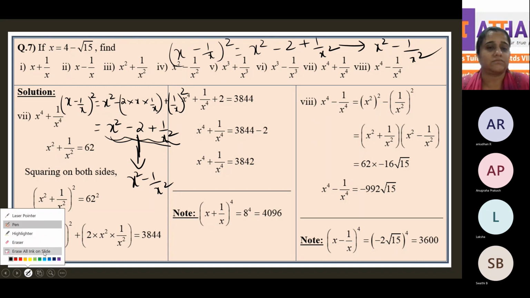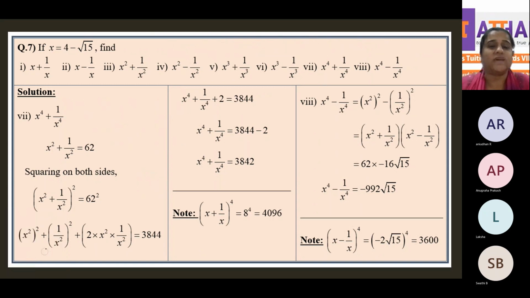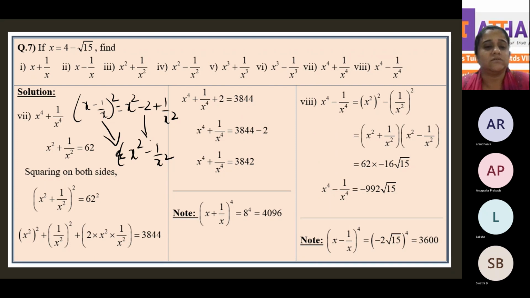When you actually expand x minus 1 by x the whole square, we are getting x squared minus 2 plus 1 by x squared. You're saying it is x squared minus 1 by x squared. Where are they equal? When you expand it, you're getting 3 terms, and that is not equal to x squared minus 1 by x squared.